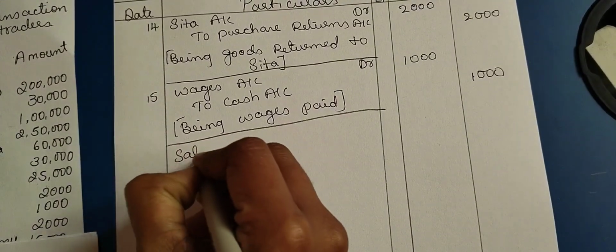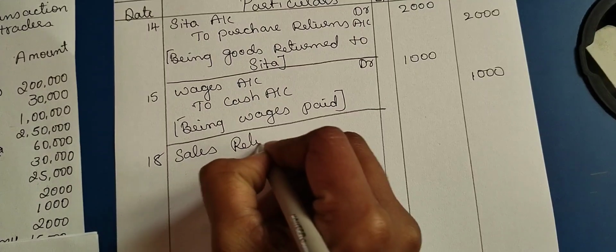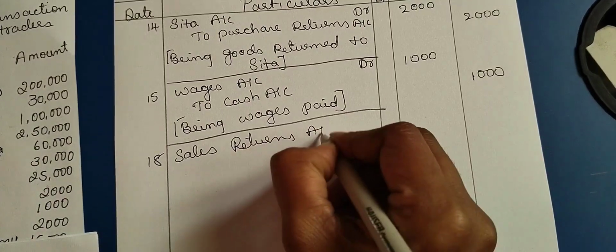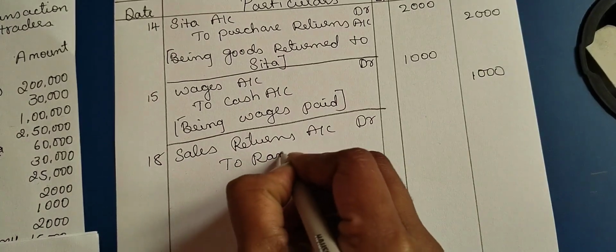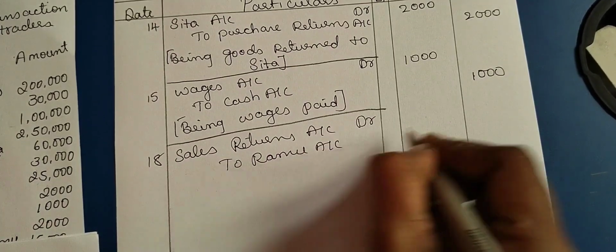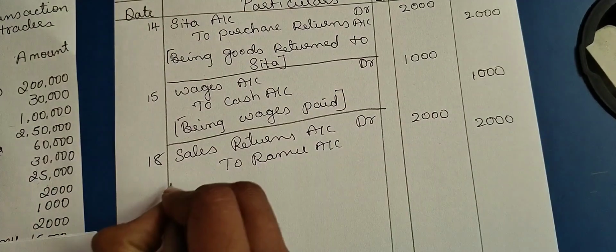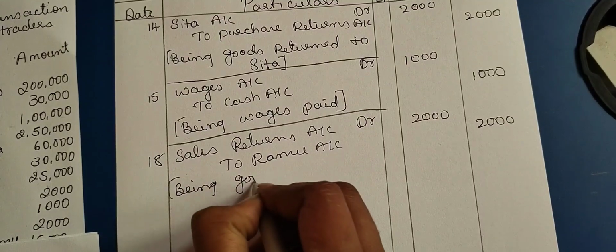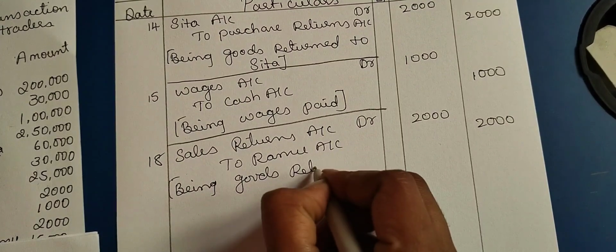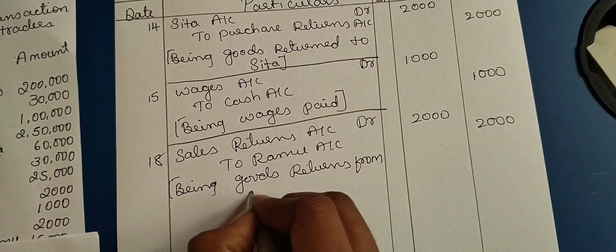The entry 18: sales returns account debtor to Ramu account. Ramu account 2000, being goods returned from Ramu.